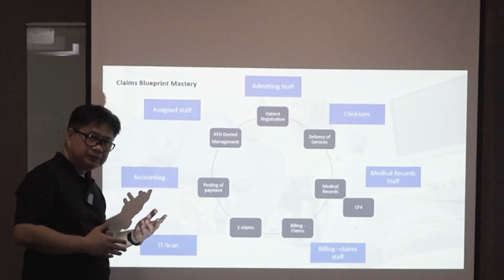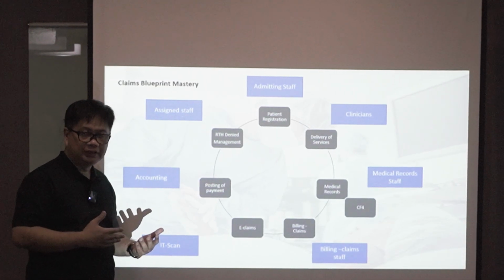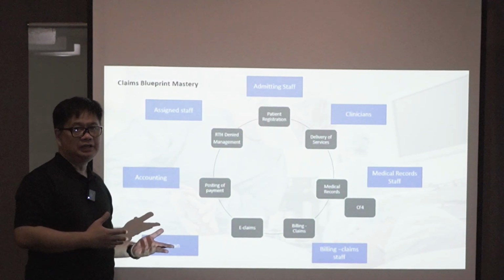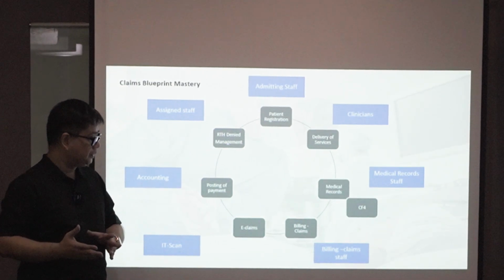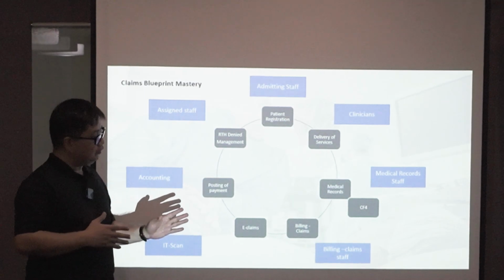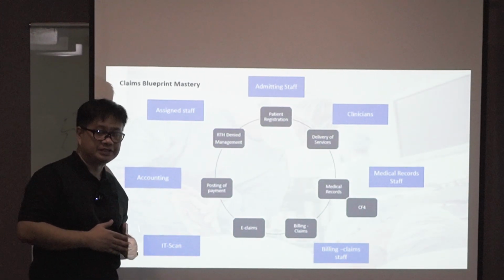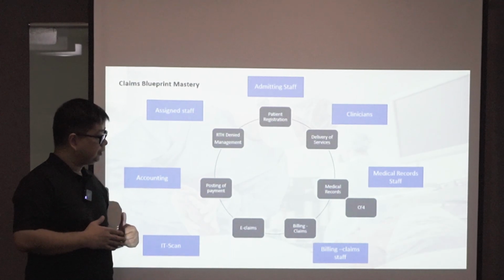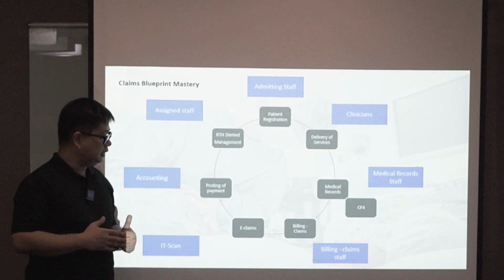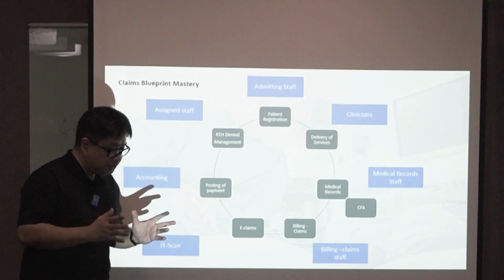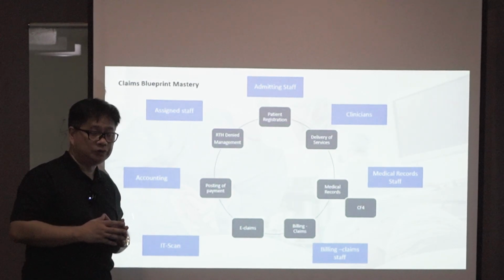Once the patient pays the out-of-pocket, the patient can easily go out of the hospital. The patient is physically out. Now, from the billing office, that document goes back to the delivery of services. Then it goes to the medical records, and completion of the clinical chart is done by the medical record staff.